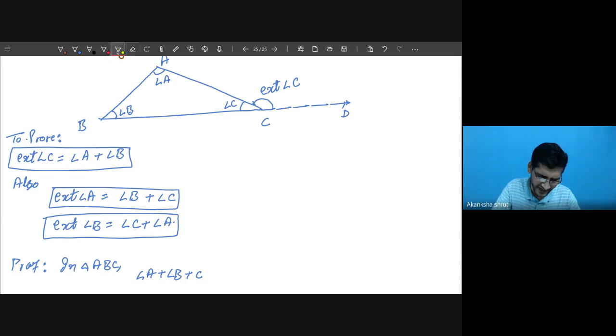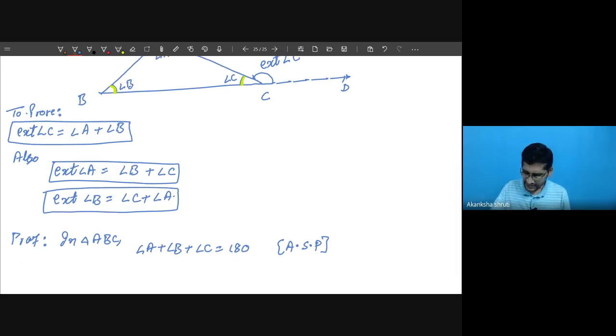This is the angle A that I am taking. This is the angle B, this is the angle C. So these are the three interior angles of a triangle. So I can write the sum of these interior angles, angle A plus angle B plus angle C, is equal to 180. Why? This is the angle sum property. Okay, students? Now take this as equation 1.